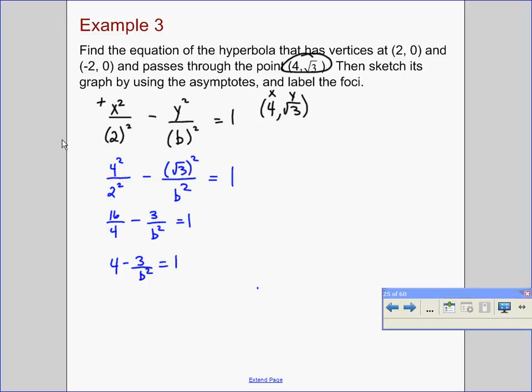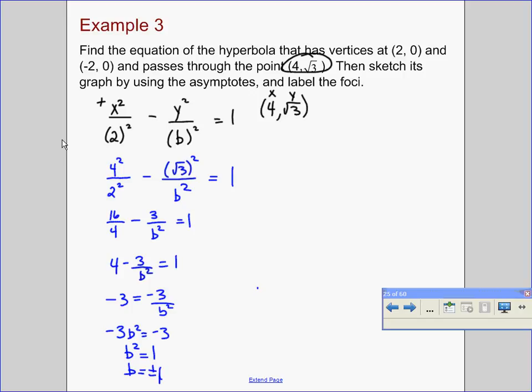And now I can subtract that 4 from both sides. And when I do, I get negative 3 over b squared is equal to negative 3. And from here, I can multiply both sides by that b squared, and I get negative 3 equals negative 3 b squared, which means that b squared is equal to 1. I take the square root of both sides, and I get b is plus or minus the square root of 1, or the square root of 1 is just 1.